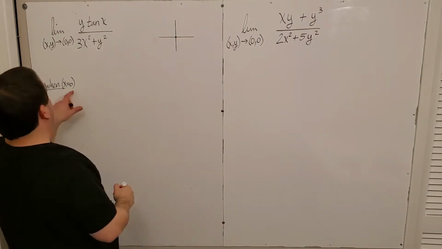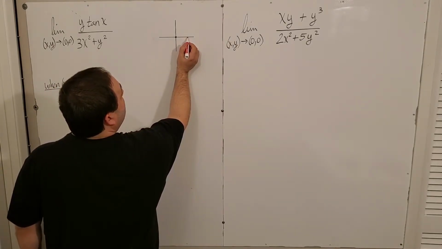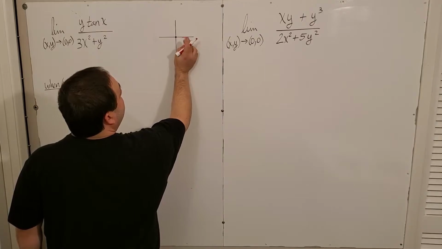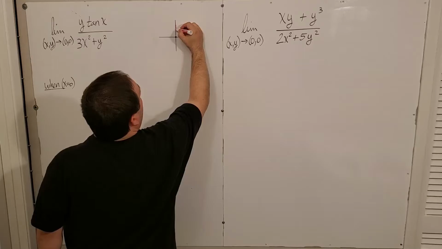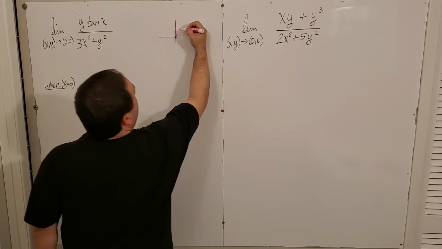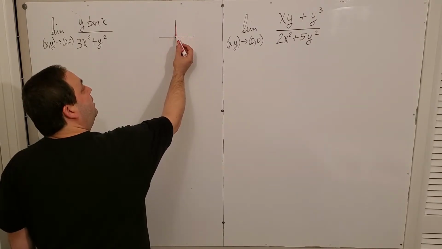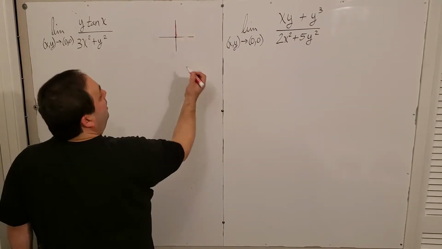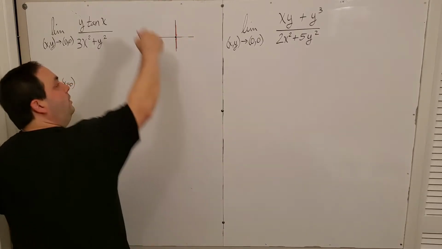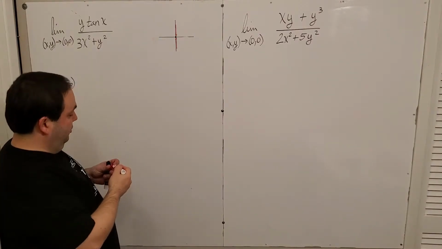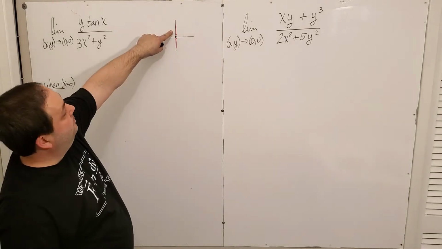So when I pick x equals 0 as my path, then what I'm talking about is only following the y-axis. I'm going to be letting x equal 0, and I'm going to be following along this direction here. Well, technically it could also be this direction, but we usually assume the positive one, right? I'll be coming along this line.